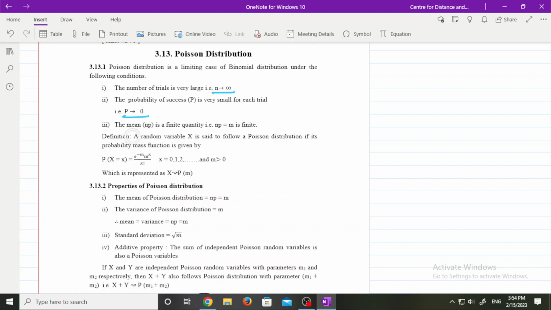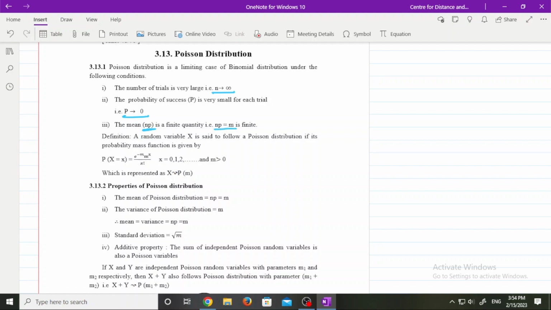Third condition: the mean, denoted by np, is a finite quantity, that is np equal to m is finite. In Poisson distribution we denote the mean np by m.